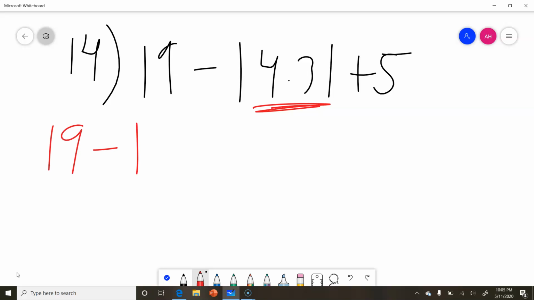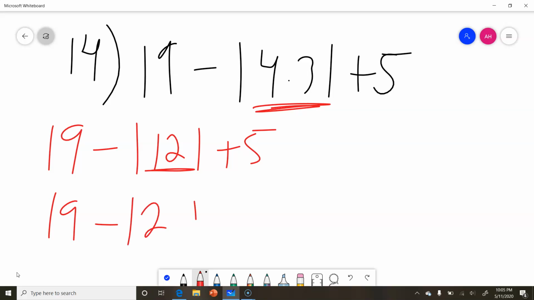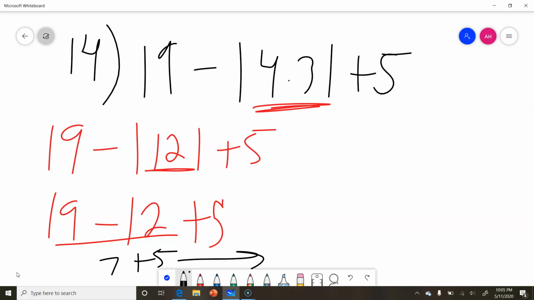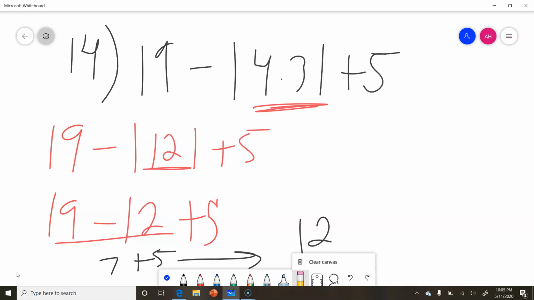Then I have the absolute value of 4 times 3, that's 12, and the plus 5 stays. What's the absolute value of 12? That's still 12. So now I just do 19 minus 12, which is 7, plus 5. And what's 7 plus 5? Back to 12. So my final answer is 12. There's your free homework one of the day.